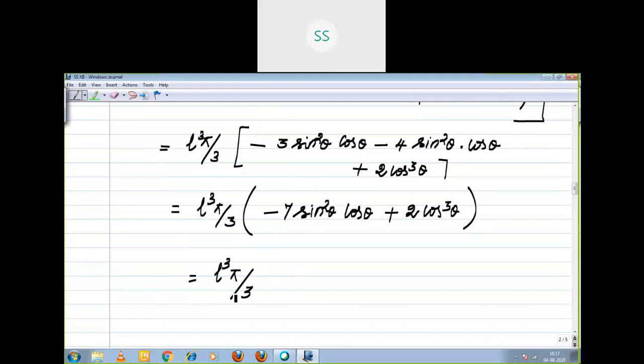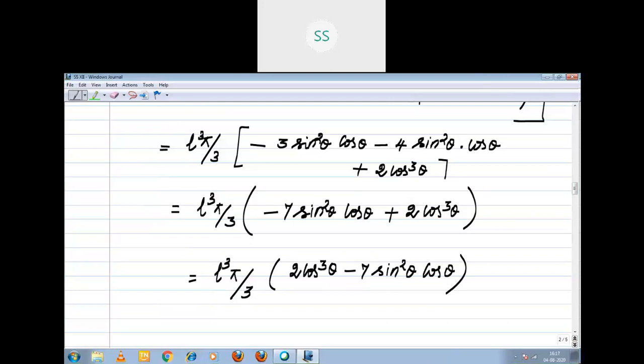That can be modified as 2 cos cube theta minus 7 sin square theta into cos theta, right? 2 cos cube theta minus 7 sin square theta into cos theta.